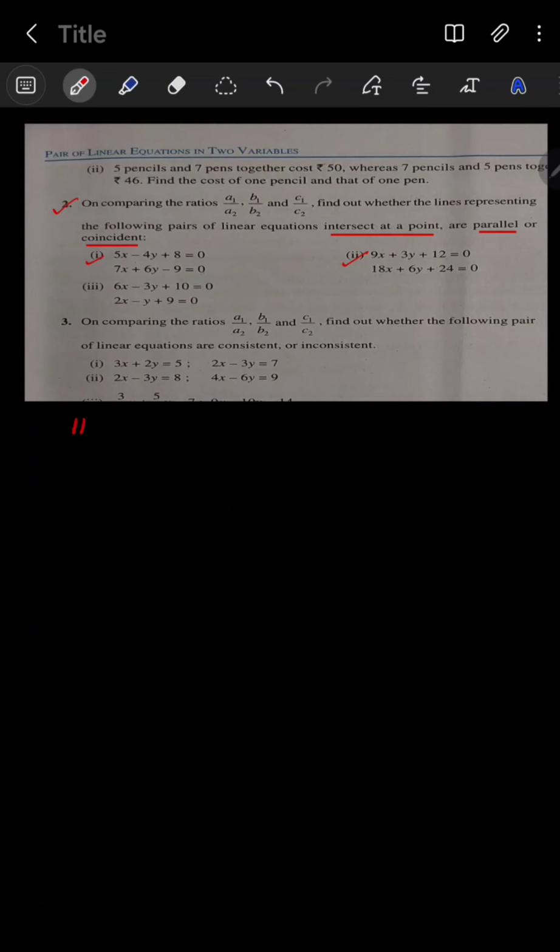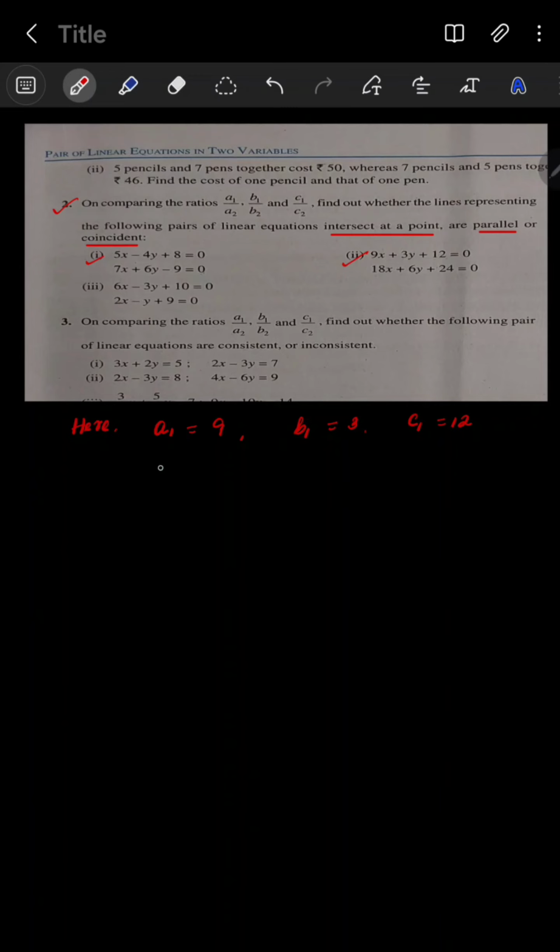So we have to arrange them as they are. Here a1 is equal to 9, taken from the first linear equation. The b1 value is the coefficient of y, that is 3, and the c1 value is the constant term 12.